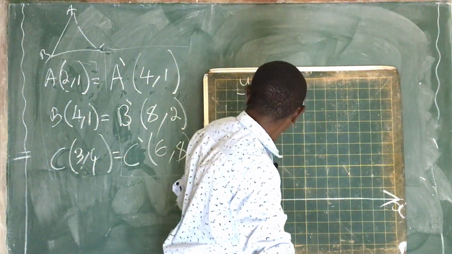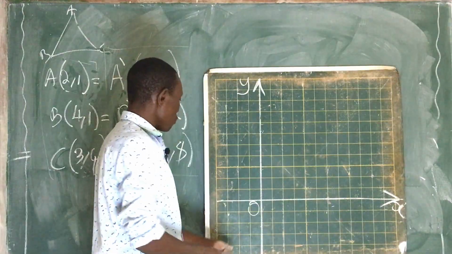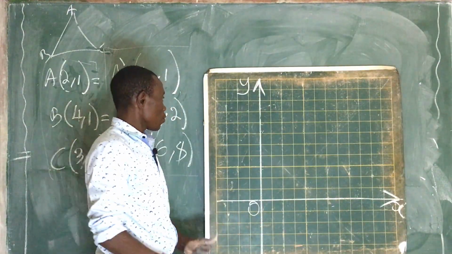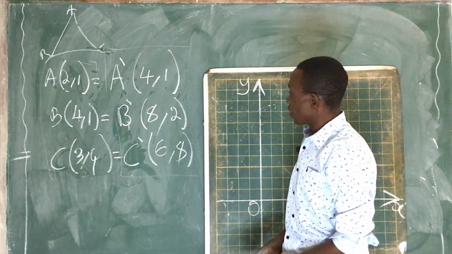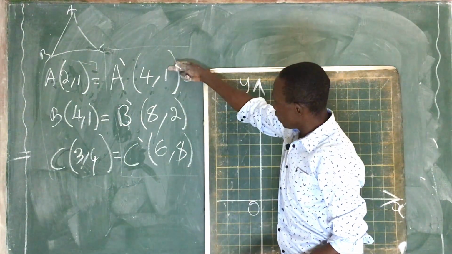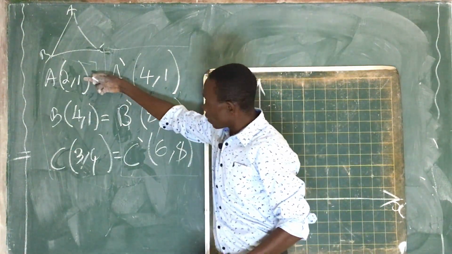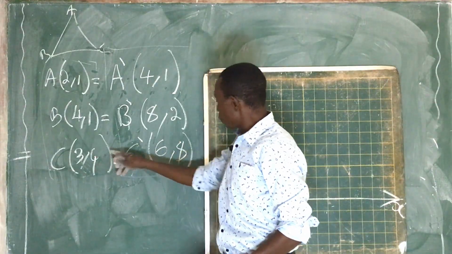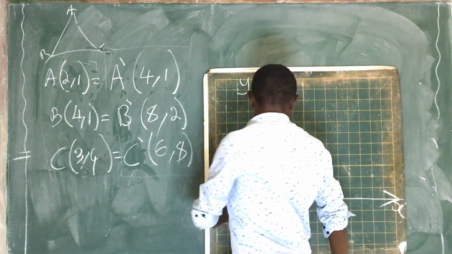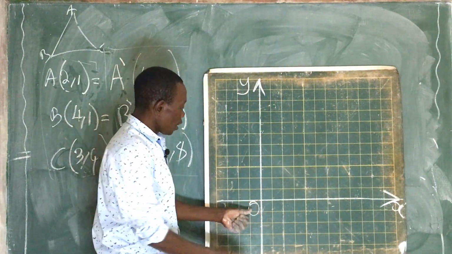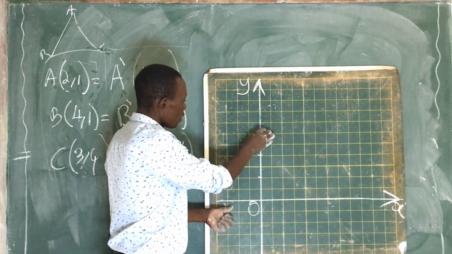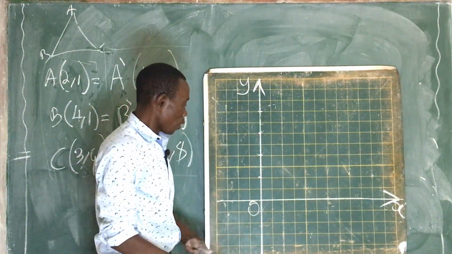Next, I need to produce the scale along the y-axis. First of all I'll check the largest value of y. Here the value of y is 8, but here the largest y is 4. Comparing 4 and 8, 8 is the largest. So my scale will go by 2: 2, 4, 6, 8.